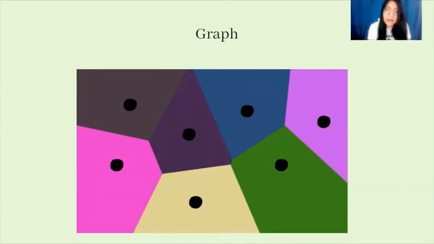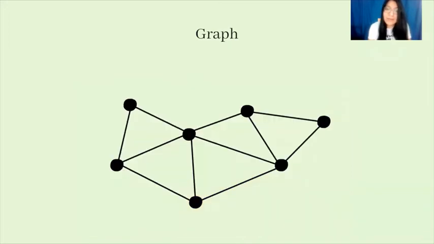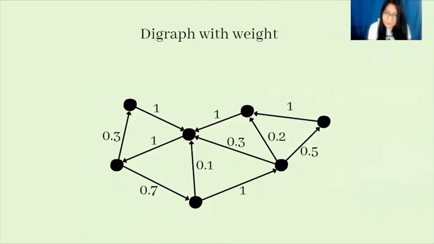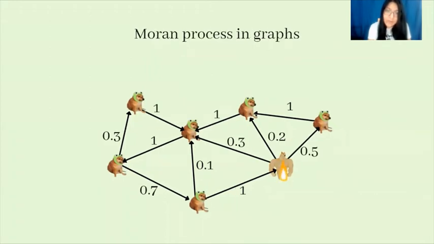If the regions are neighbors, we place an edge and we have a graph. Remember that graphs can also have weight. If the individuals are vertices, they might look like this. Suppose the mutant is randomly chosen to reproduce. Then we are going to randomly choose from among its neighbors the one who is going to die, considering their probability.